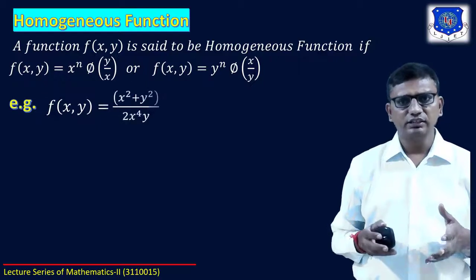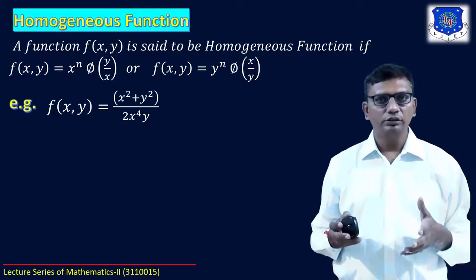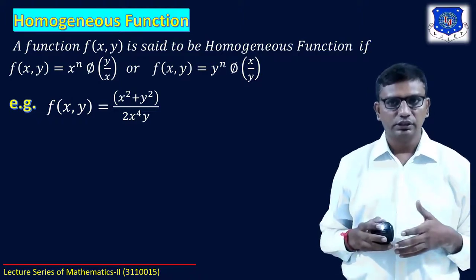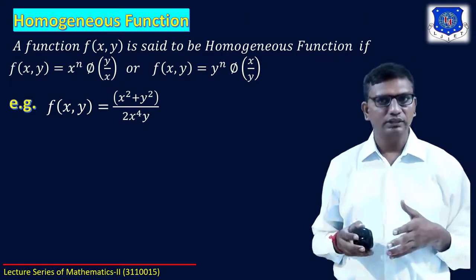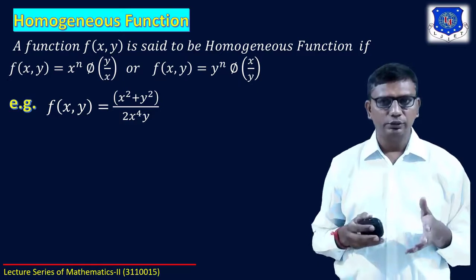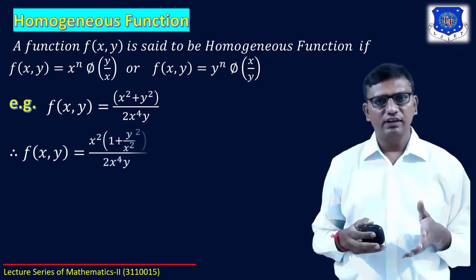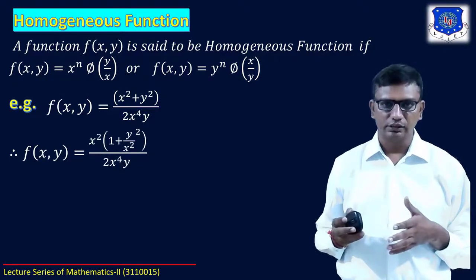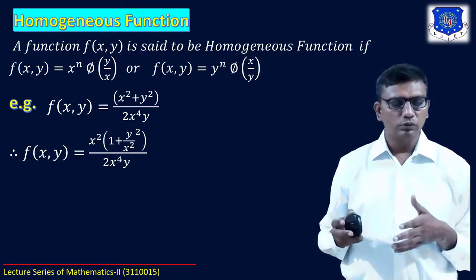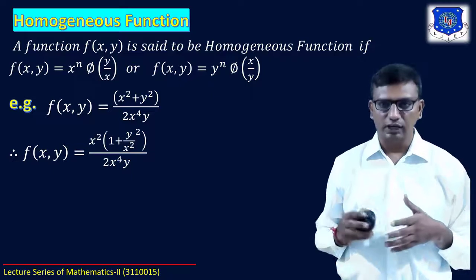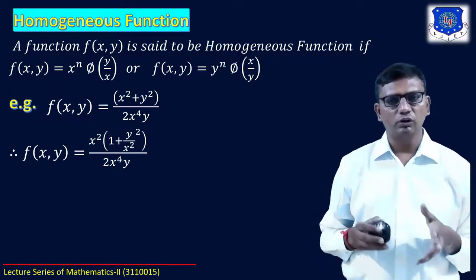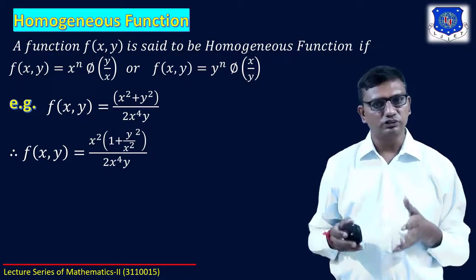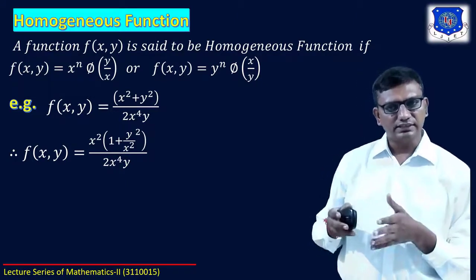Here f of xy equal to x square plus y square upon 2 times x raised to 4 y be our function. Here we can take common x square from the numerator, then we have x square into 1 plus y square upon x square upon 2 times x raised to 4 y. Here we will cancel only one time x because we have y by x in the denominator.